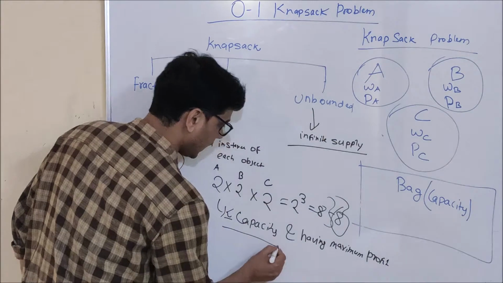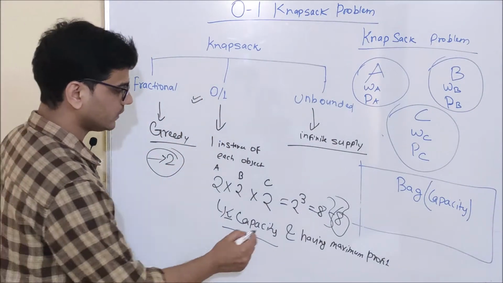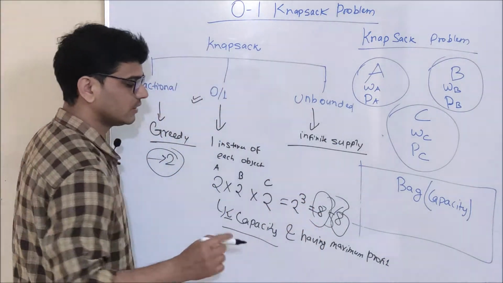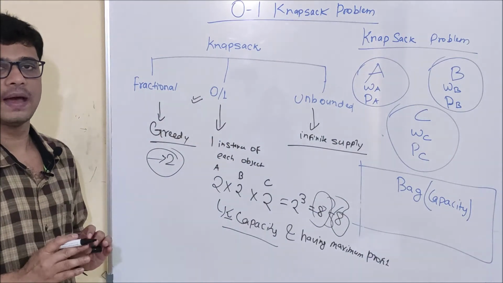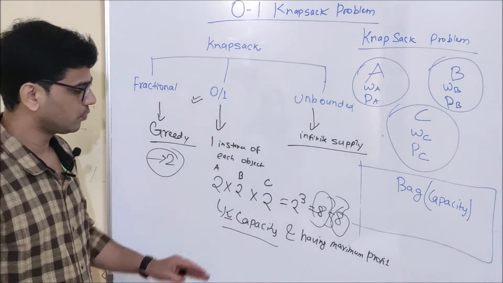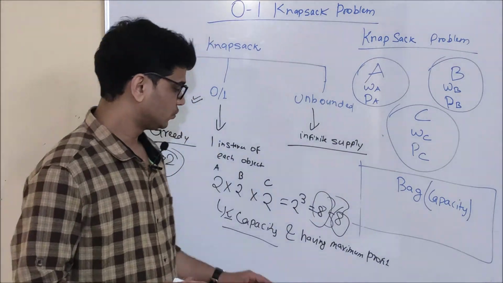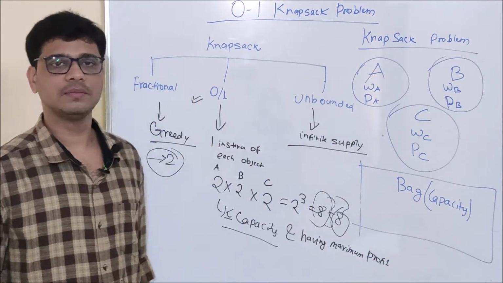I will choose one option among these 8 options such that the capacity of my bag is not exceeded and my profit is maximized. So this is what the 0-1 knapsack problem is.